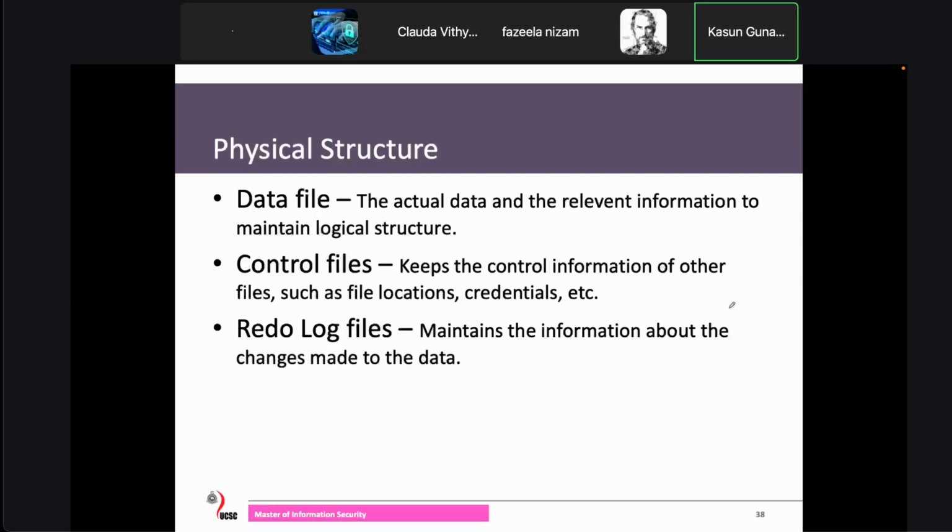Control file keeps the control information of other files such as file locations, credentials, and redo log file. This file contains information about all changes made to the data within the database. So this is somewhat similar to an undo button for the database, because this redo log can be used to restore data in an event that data is lost.